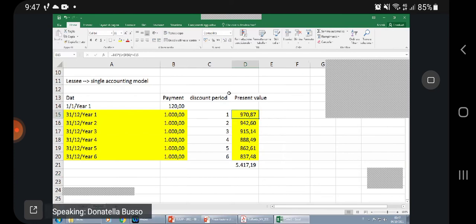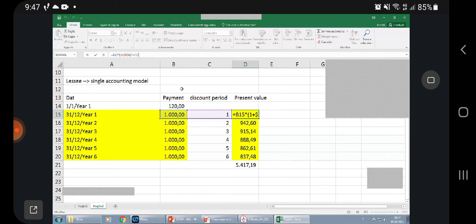Okay, look at the first one. 1,000 times (1 plus the interest rate) to the power of -1. If you prefer, you can compute the formula another way: 1,000 divided by 1 plus the interest rate. For the second year, it's the same.